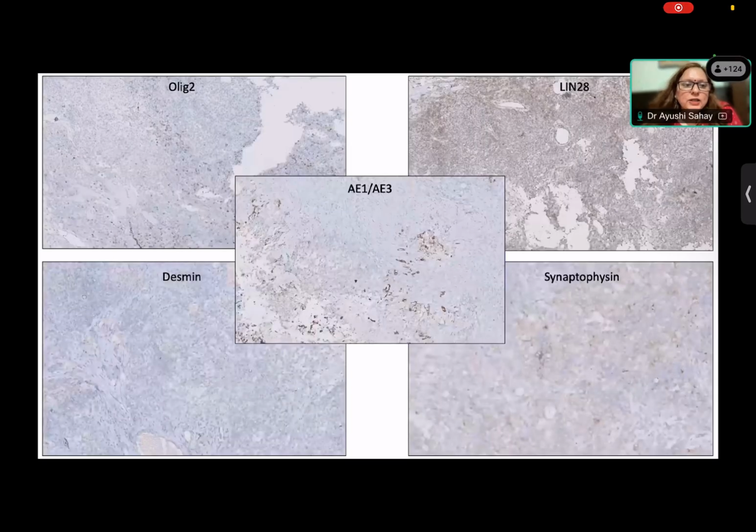So we did OLIG2, which is focally positive here and there, desmin negative, GFAP focally positive here and there in large cells, synaptophysin is positive, and the LIN28 here you can see is negative. So Vivek, what do you think now? Is OLIG2 positive in ependymomas? No, ma'am.